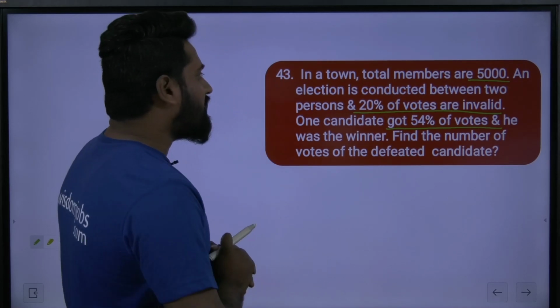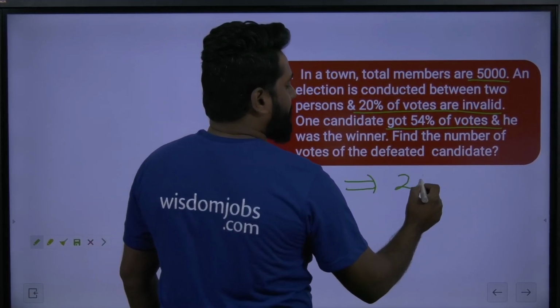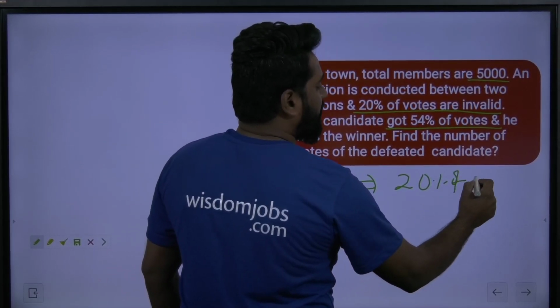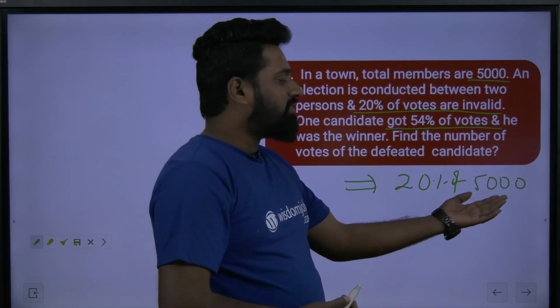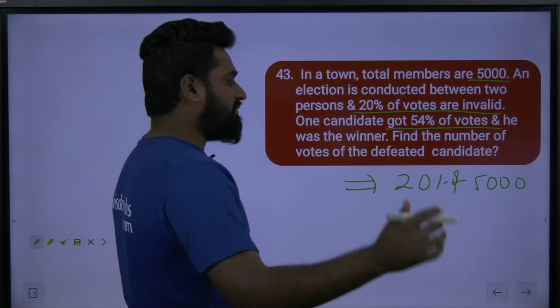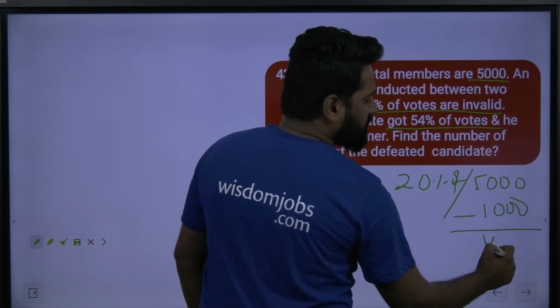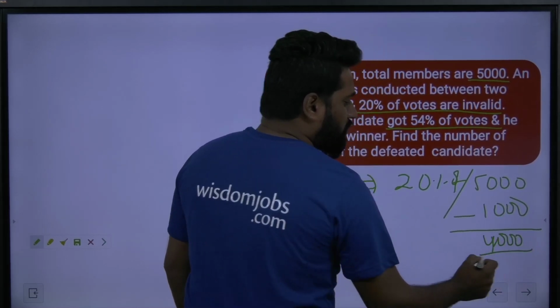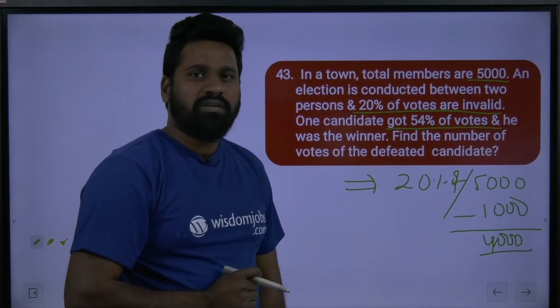Clear? So first I am finding what is the 20% of 5,000. Already you know that 10% is 500, then 20% becomes 1000. So 1000 votes are invalid. So just you can subtract those 1000. That is 4000. So total number of valid votes is only 4000 votes.